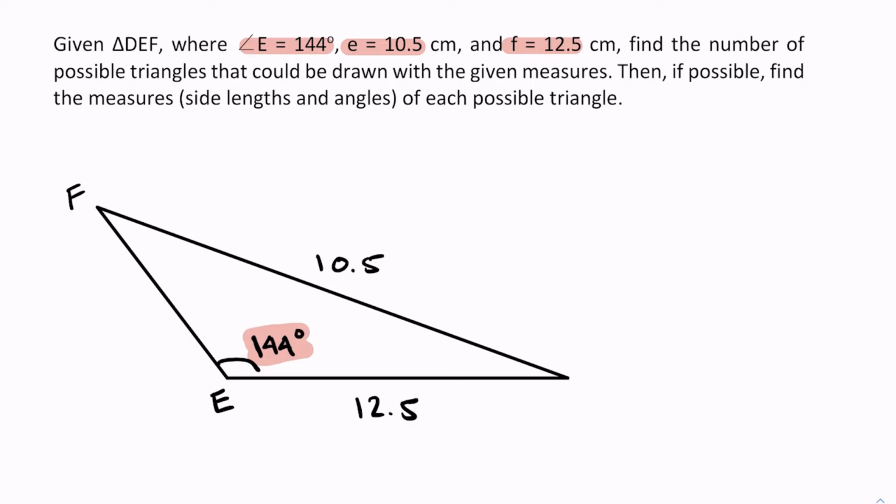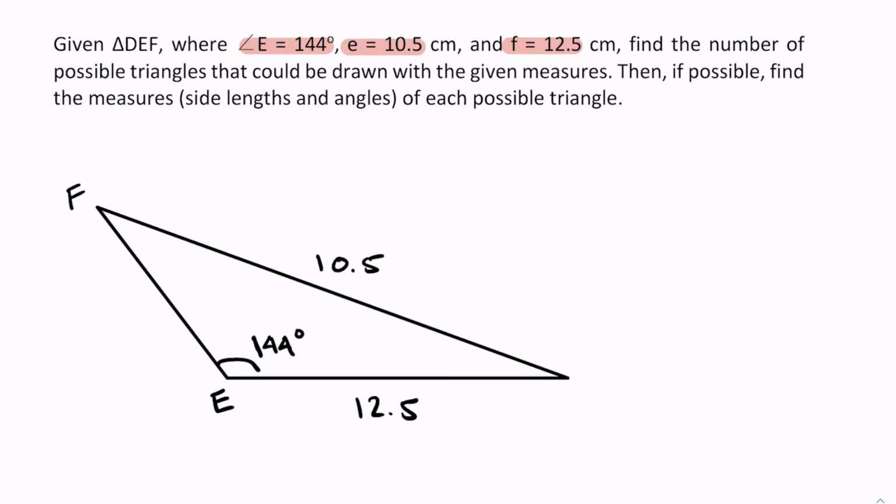And this is clearly not the case, because 12.5 is given as the opposite side to angle F. That means this is just impossible to make. A triangle can't have the longest side not opposite the largest angle. So right off the bat, this scenario is not possible.